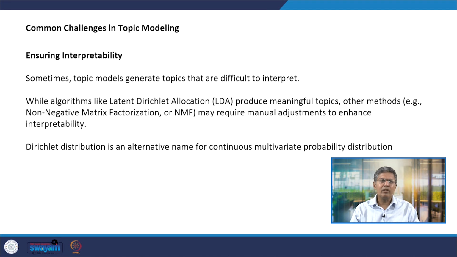The third is ensuring interpretability. How do you interpret? Sometimes topic models generate topics that are difficult to interpret. While algorithms like LDA, which uses the Dirichlet distribution, may produce meaningful topics, other methods like non-negative matrix factorization or NMF may require manual adjustments to enhance interpretability.